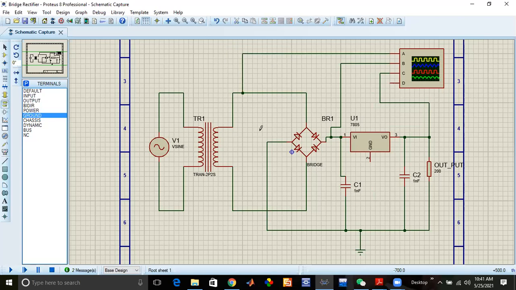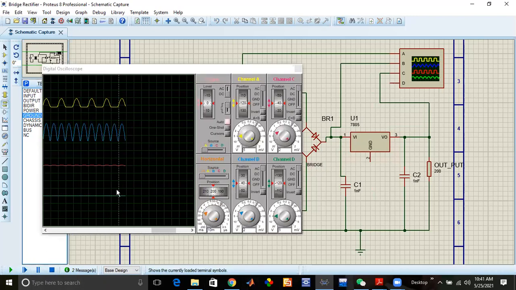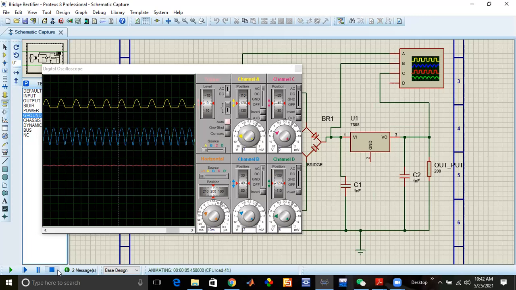So here you see that this is the output of the filter, and this is the output. This is the output of the bridge rectifier. This is the output of regulator. So you see this regulation is approximately constant value.